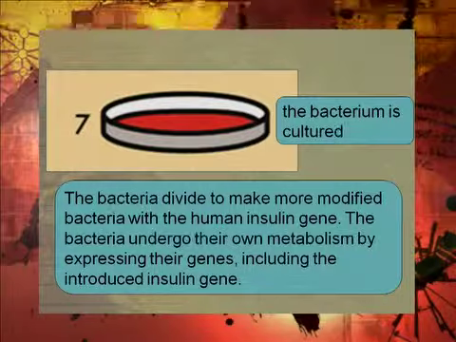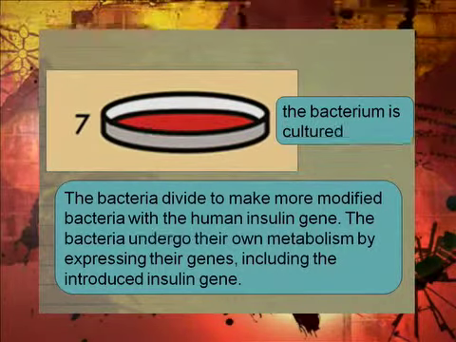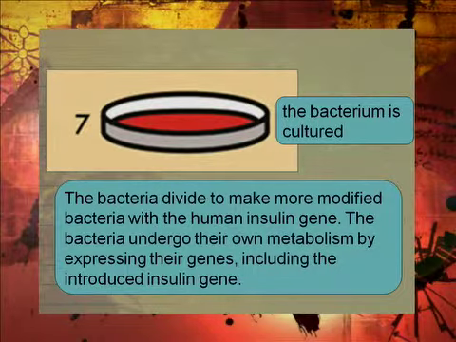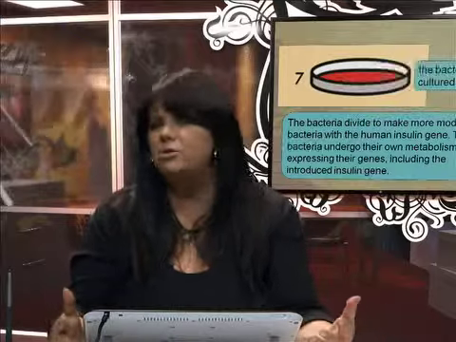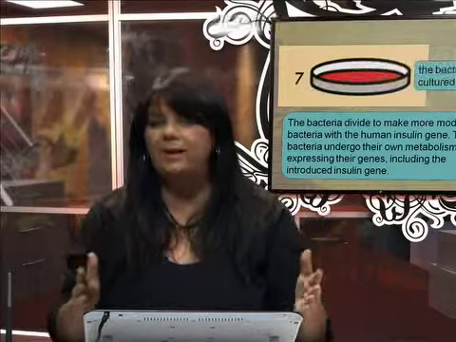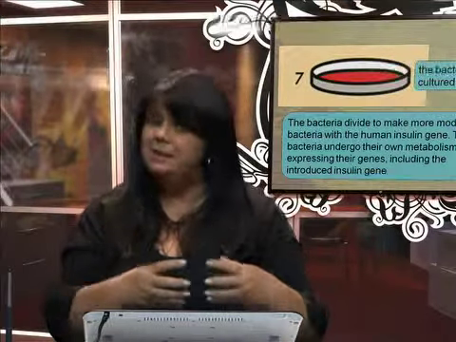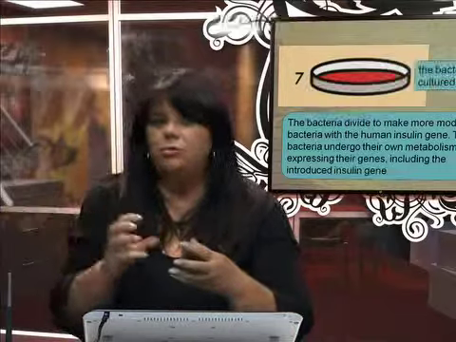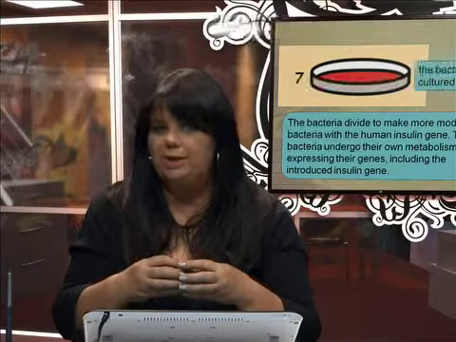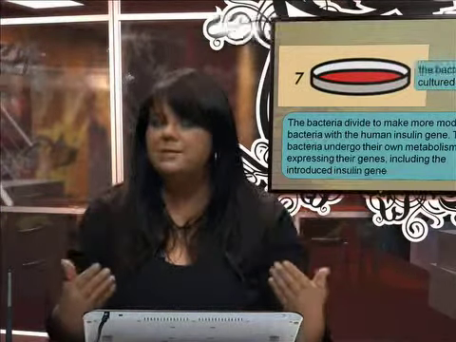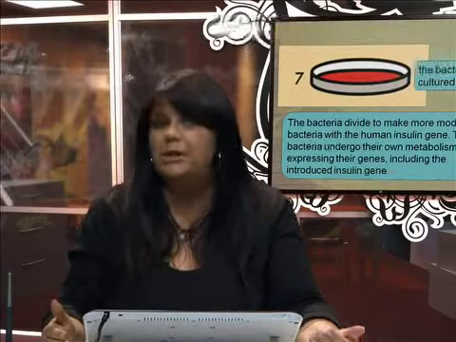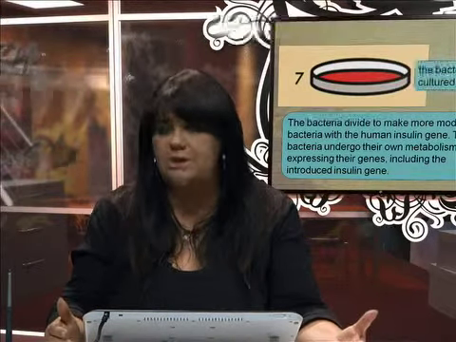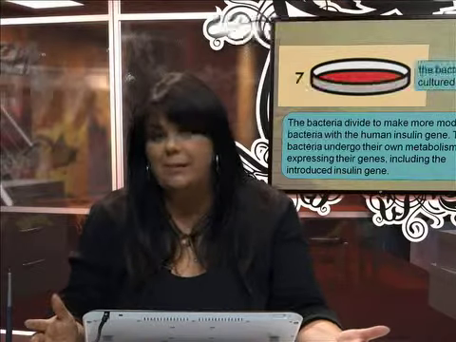And while it is undergoing its own metabolism, expressing its own genes and making its own proteins, it also makes human insulin. The bacterium has no way of segregating or separating its genes from this new included human gene. It simply expresses the human insulin gene along with its normal genes that it would have expressed anyway.